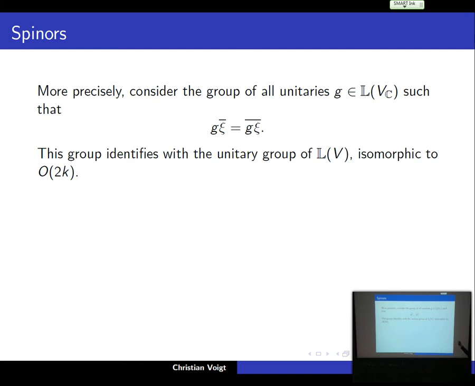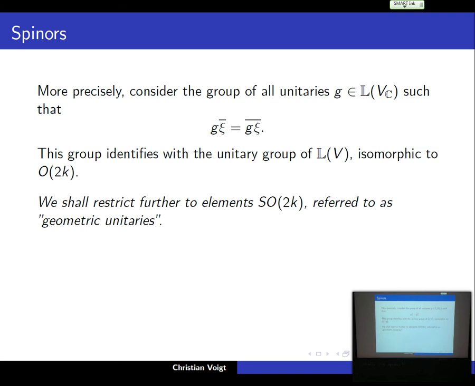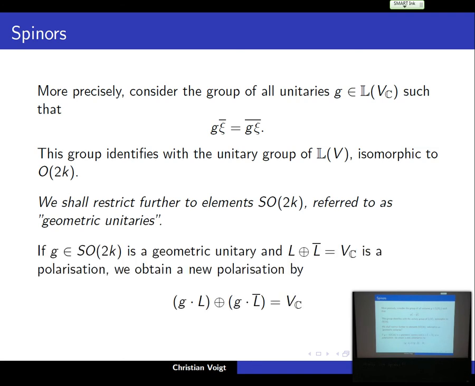It's just basically that I act with the action of SO_N on my Clifford algebra. So let me look at the unitaries which come from the real part of the Clifford algebra. In this way, I get a group isomorphic to O_2k. And using these unitaries, starting from the polarization I fixed in the beginning, I get all other interesting polarizations by just translating them with these unitaries.